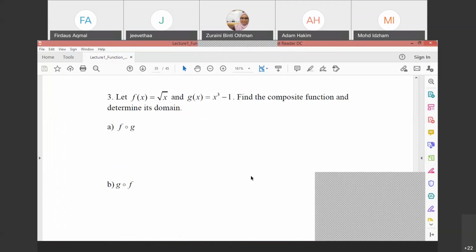Question number 3. Ni pun sama, composite function. Okay, for composite function, banyak kan soalan macam ni? So sekarang apa? Jawapan 3A apa?